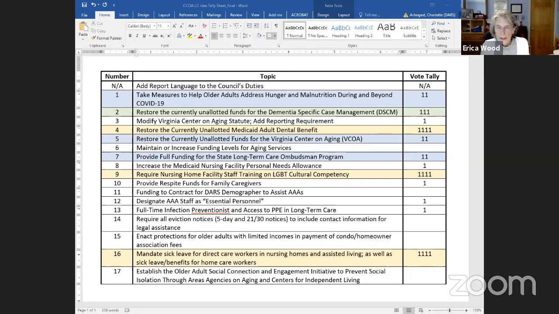Certainly in times of COVID, with all of the deaths and the cases in nursing homes and assisted living, and the Ombudsman program also has a role in home and community-based care as well.